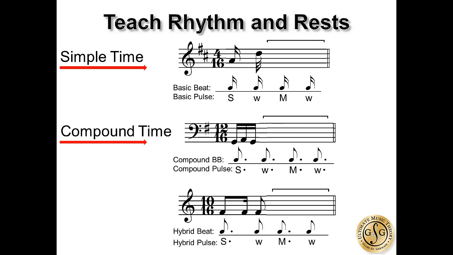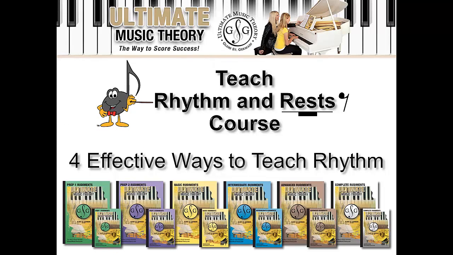And then what happens in hybrid time, when we have combinations of dotted and undotted hybrid beat and hybrid pulse? Well, this is where it gets a little more complicated. I want to show you how to leverage this system for high performance teaching, starting with the beginner theory level through to the advanced theory level.